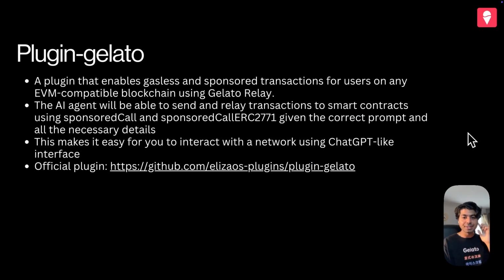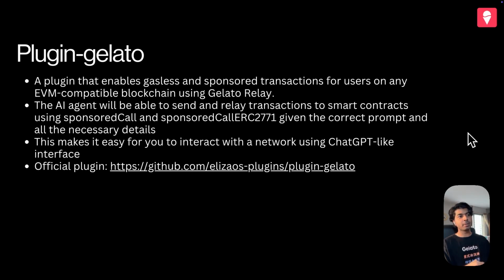Right. So now you have the context about all the Web3 services. I would like you to understand what the Gelato plugin is. Basically, the Gelato plugin is now integrated in the ElizaOS repo. What this does is that it will allow you to relay transactions using your AI agent.